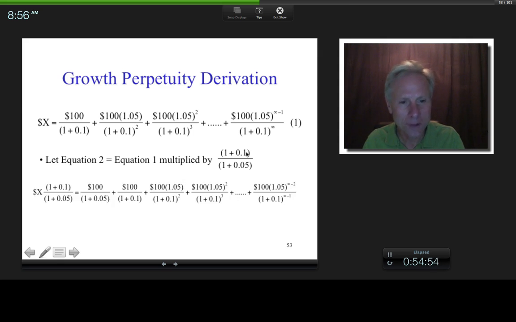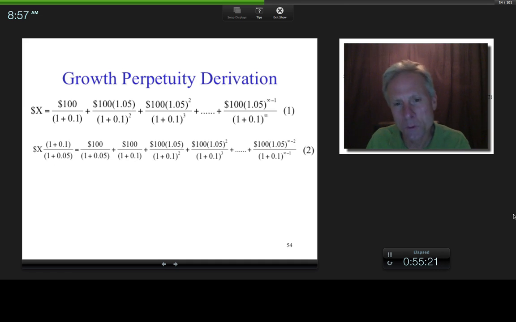And if I continue the whole thing, and again, I know it's scary looking, but it's what we just went through, okay? X times this is what we have here. X times that. The 100 times this, but divided by that, and then divided by 1.05. So if you look at these carefully, you can see all we've done is each one of these terms we've multiplied by that.